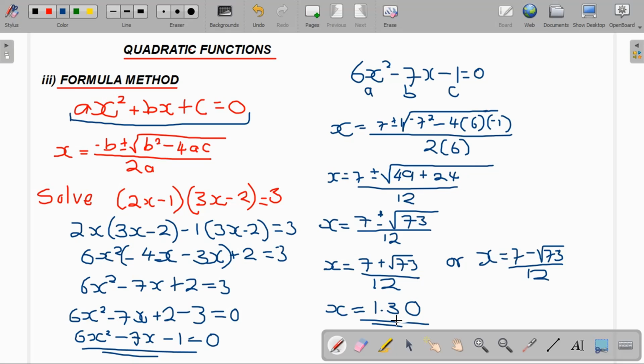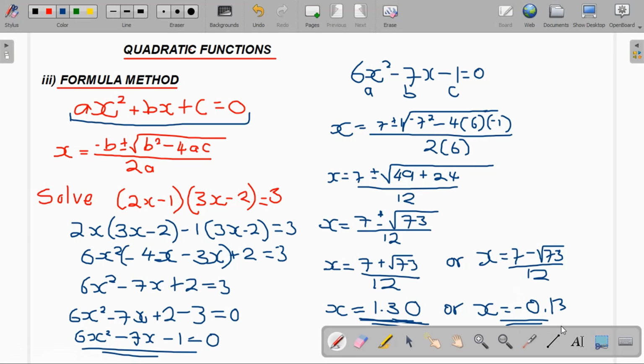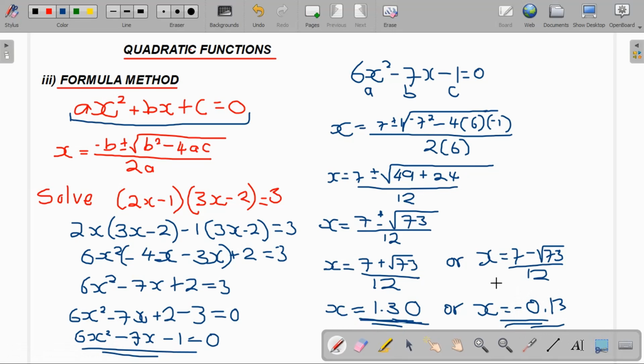Or x is equal to 7 minus the square root of 73 divided by 12, it will give us negative 0.13. So that's what we have. So these are the two values of x, and this is how we shall find them using the formula method.